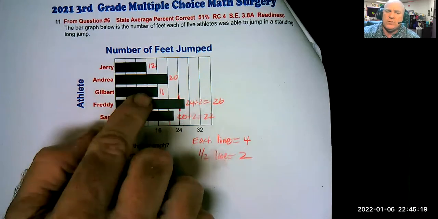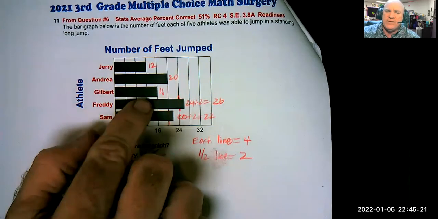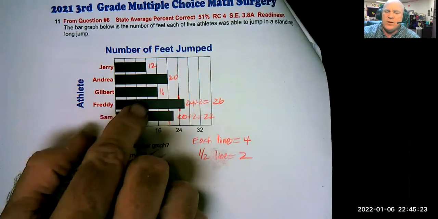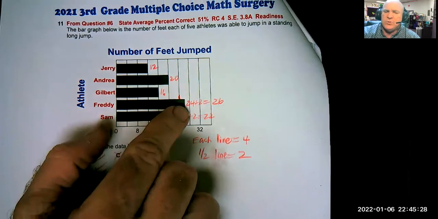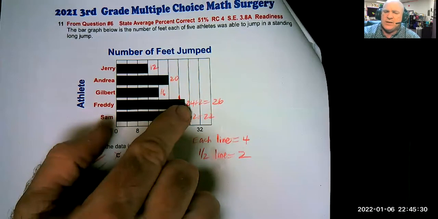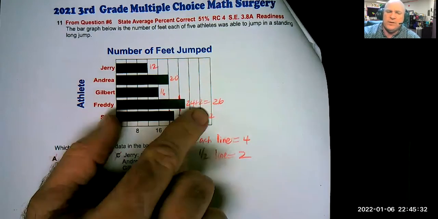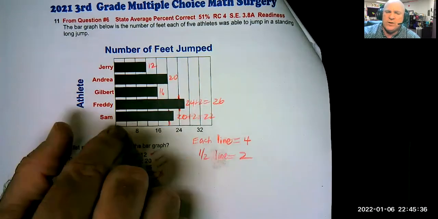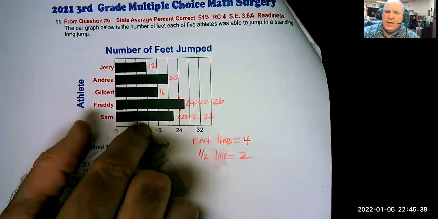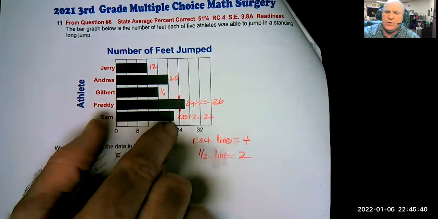Freddie, 1, 2, 3, 4, 5, 6 times 4 is 24. And since it's half of a line, then we add 2, 26, just like we did with the open-ended way. And Sam would be 1, 2, 3, 4, 5 times 4 is 20. And half a line is 22.